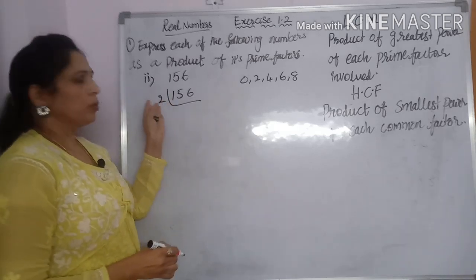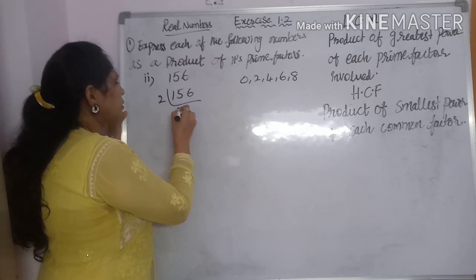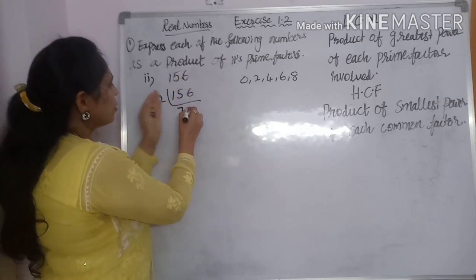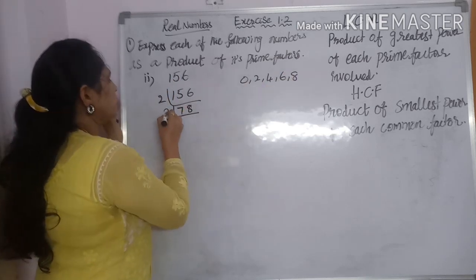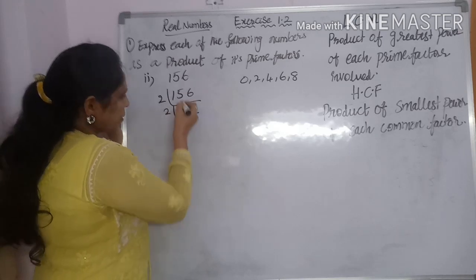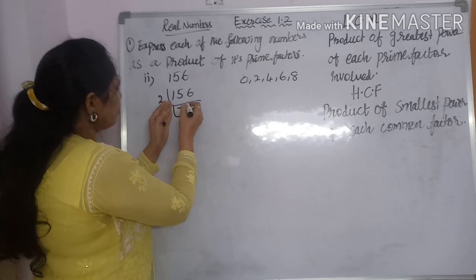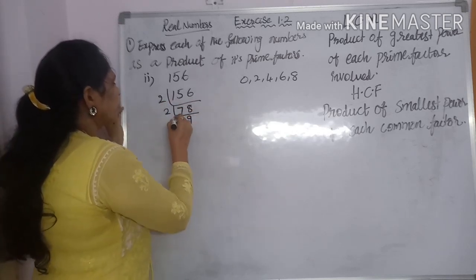Then go with 2. 2 7s are 14, 1 is remainder, it will be 16. So 2 8s are 16. Then again 8, go with 2. 2 4s are 8. Then 2 3s are 6, 1 is remainder, so it becomes 18. 2 9s are 18.